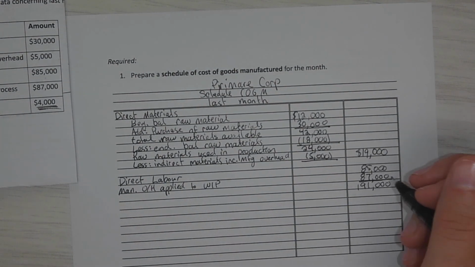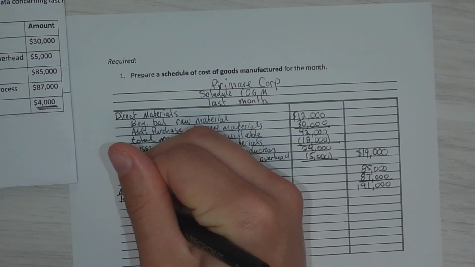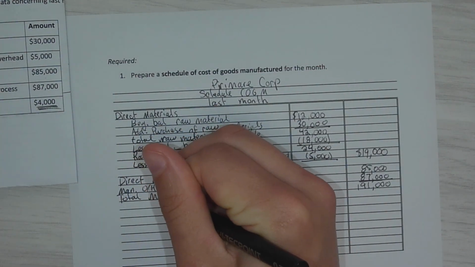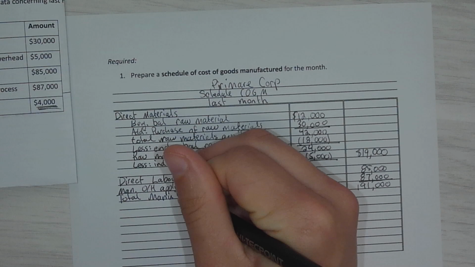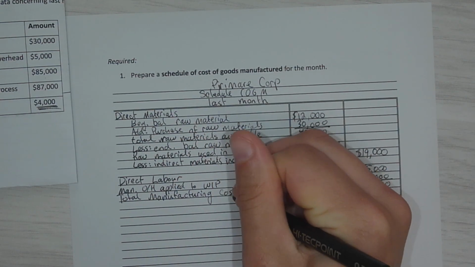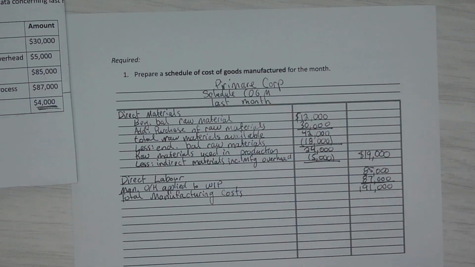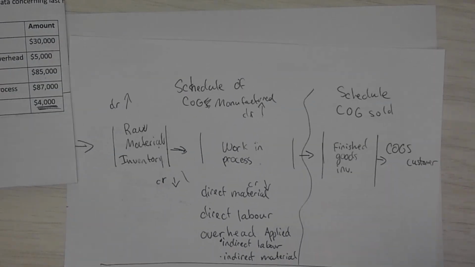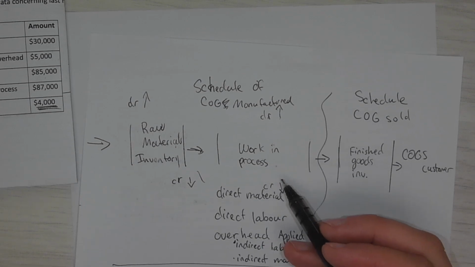That total is our total manufacturing costs. But, as I mentioned before, this is just the part that brings us through the pipeline from our raw materials to the work in process.